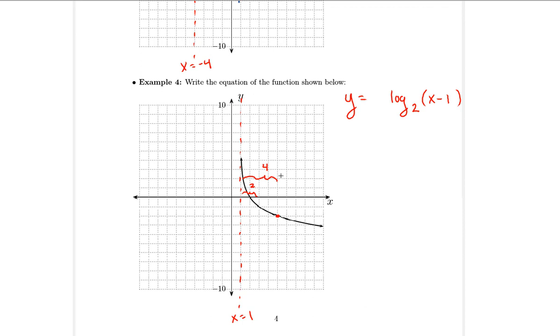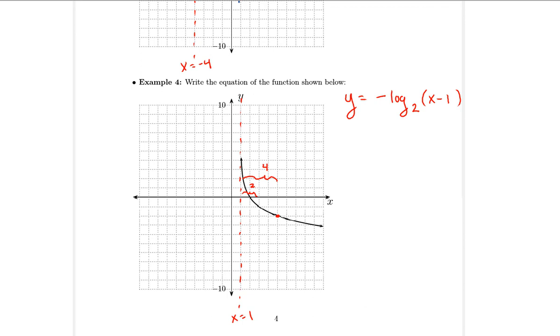So what that means for us is that in order to represent this graph accurately, I would have to flip all the y values from what they would be if it was just log base 2 of x minus 1. So if I stick a negative in front of that, then that will give me the flip that I'm looking for. There is another way to approach this same one.